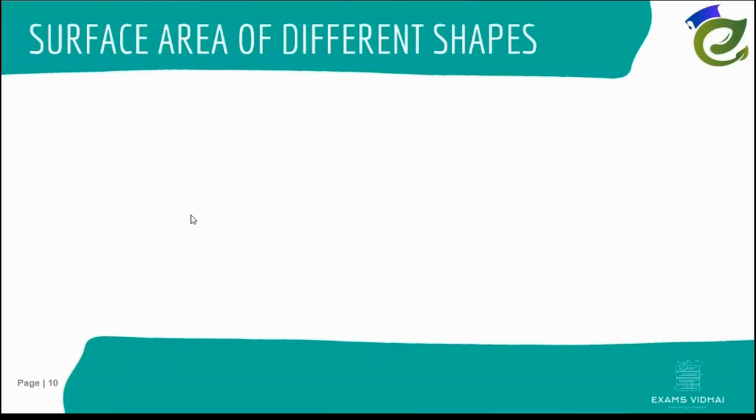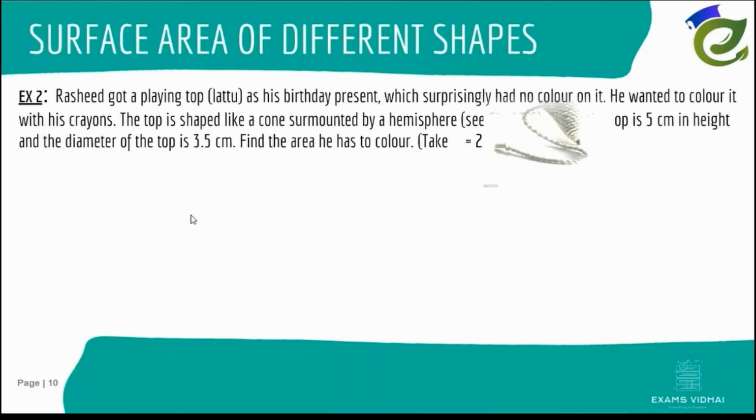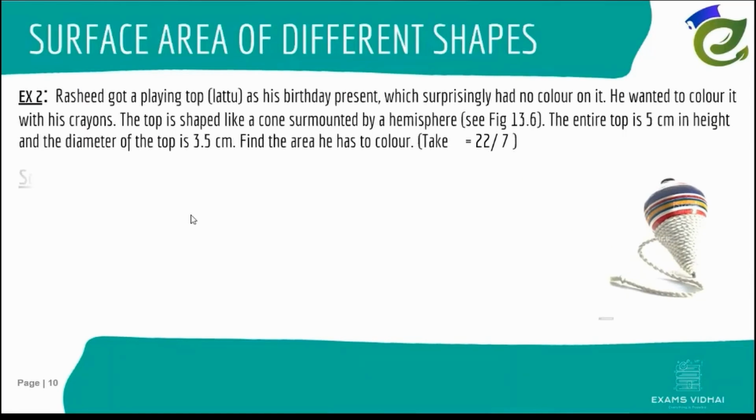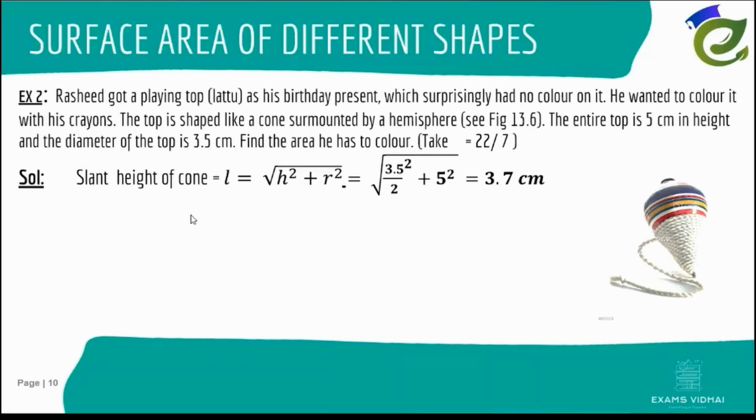Let's look at another problem of surface areas. Let's read the question first. Rashid got a playing top, Latto, as his birthday present, which surprisingly had no color on it.